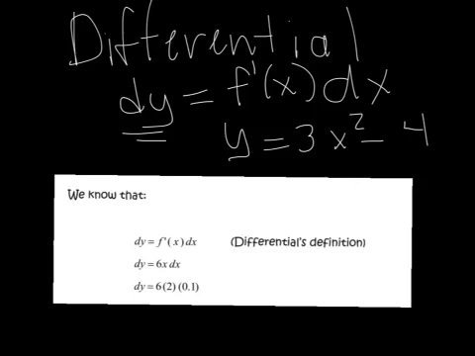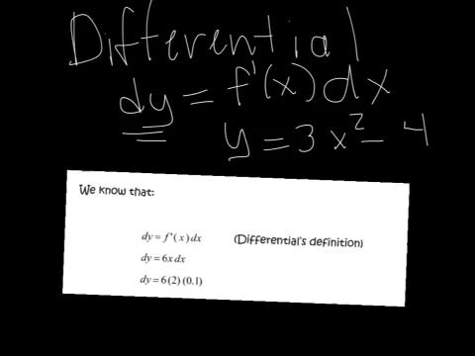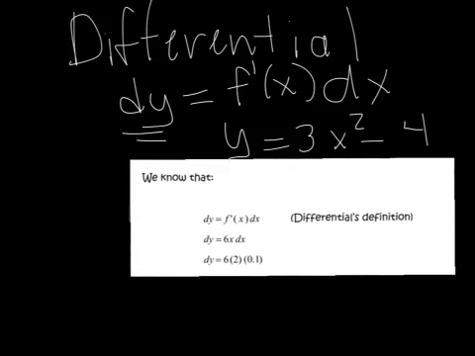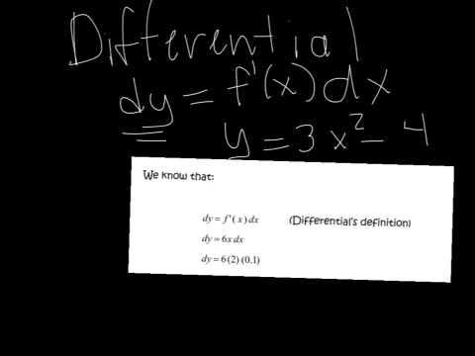And if we substitute the values that we had at the beginning, which were x equals 2 and differential of x equals 0.1, we obtain 6 times 2 times 0.1. And that calculation is pretty easy to obtain. It will be 12 times 0.1, which equals differential of y equals 1.2.